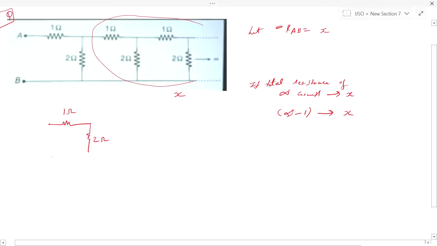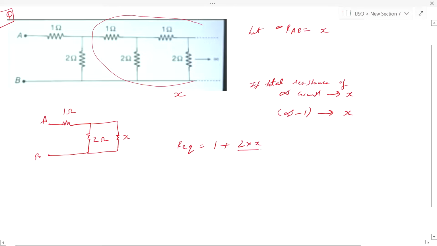So what I am doing, see, pay attention. This is A, this is B, and this will be X. Hope this part is clear. So now try down and get the answer. So R equivalent will be equal to 1 plus 2 and x in parallel.